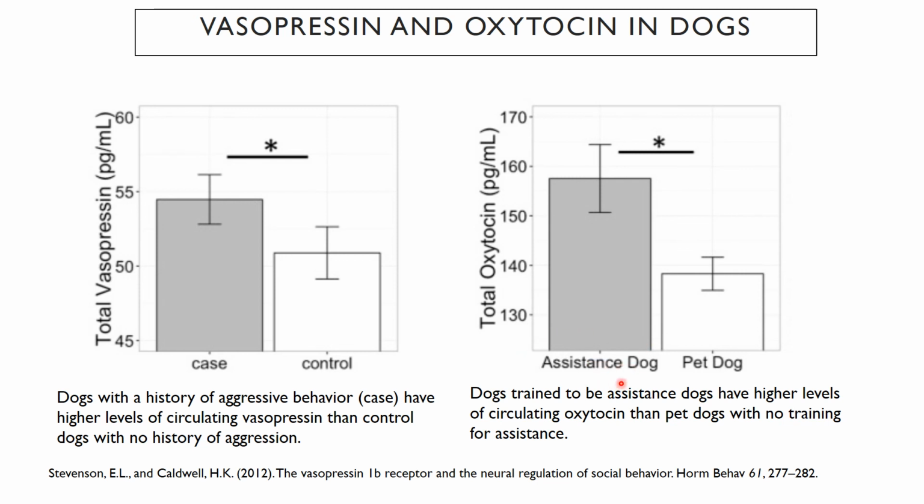These dogs actually tend to have higher levels of circulating oxytocin versus dogs that have not been trained to be assistance dogs. So, are they picking dogs to be assistance dogs because they're more likely to have higher levels of oxytocin, or is the training of being a caring dog leading to them to have more oxytocin? That's a great question, but this study is just correlational, but it shows a significant difference between the two.